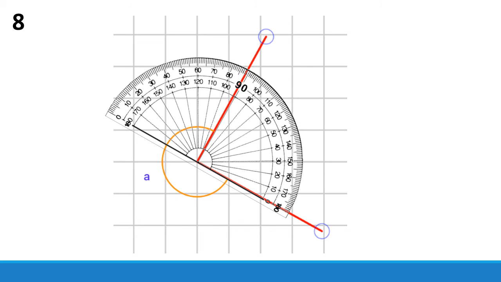So you can see that that angle that we don't actually need is 90 degrees. Do you know what calculation we will now do? 360 take away 90. So what will that be? It's 270 degrees.